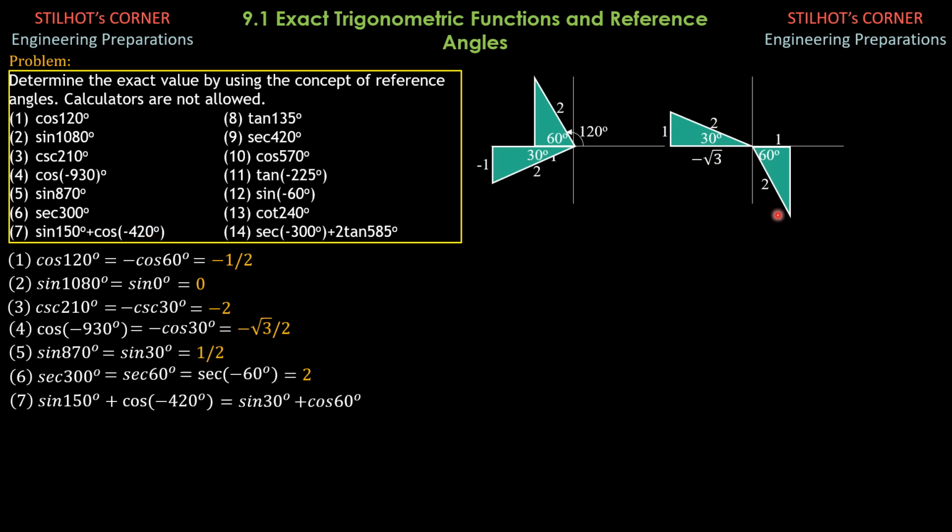This is the reference for negative 420 degrees, and cosine of negative 420 degrees is adjacent over hypotenuse, so it is also 1/2. So it is sine of 150 degrees plus cosine of negative 420 degrees is 1/2, then plus 1/2, so it is 1.